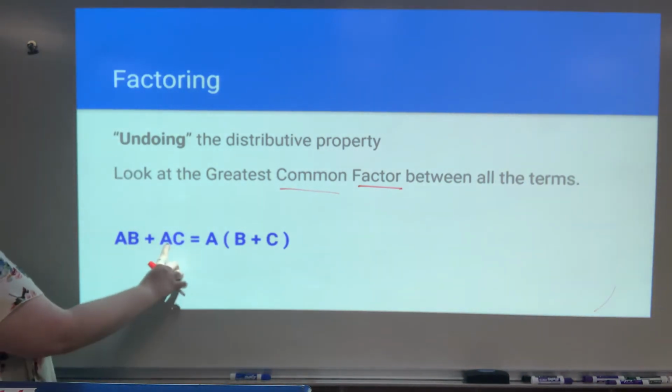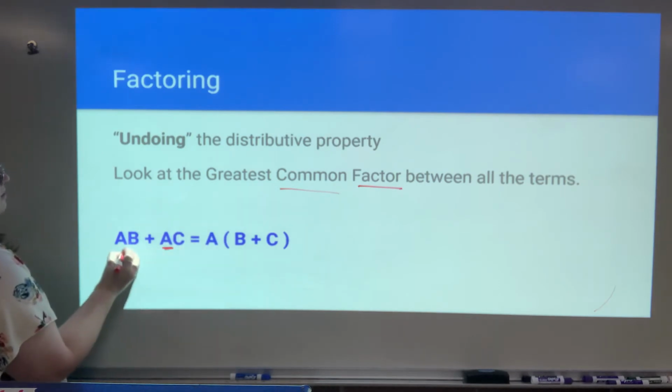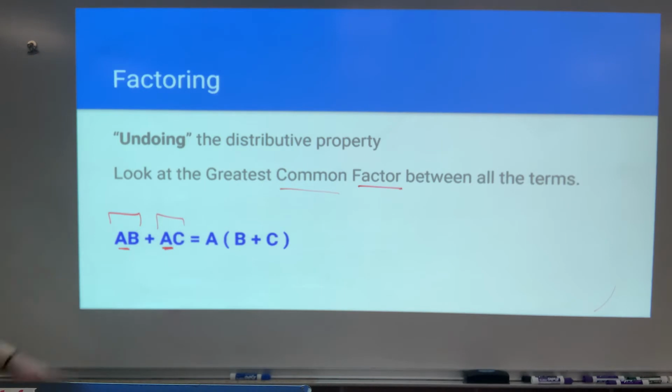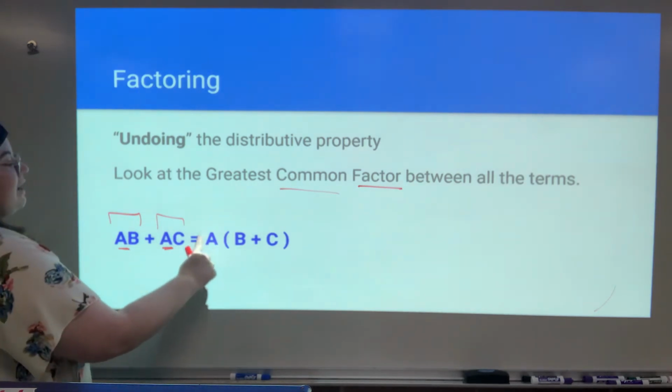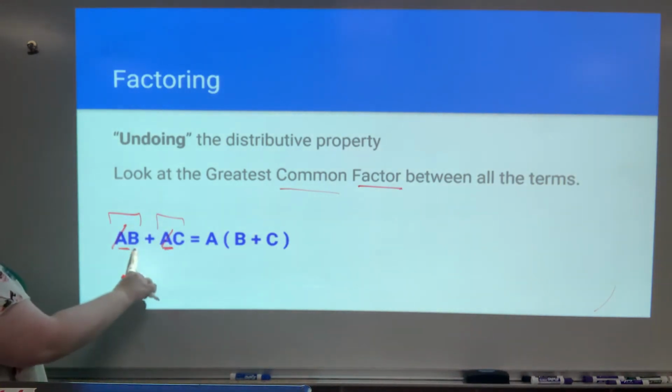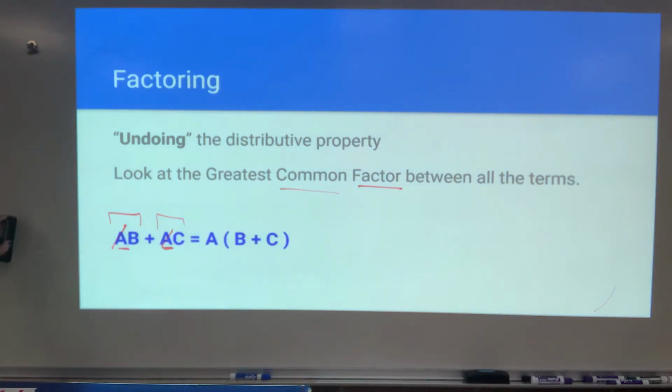So here my greatest common factor would be A. In both of these terms, AB and AC, the only one that I have in common is A. So that tells me that I can pull A out of both of these and say, all right, let's take A out of here, and in parentheses, what's left is B plus C. Again, maybe you need to get a sketch of that down if you need. Pause if you need to.